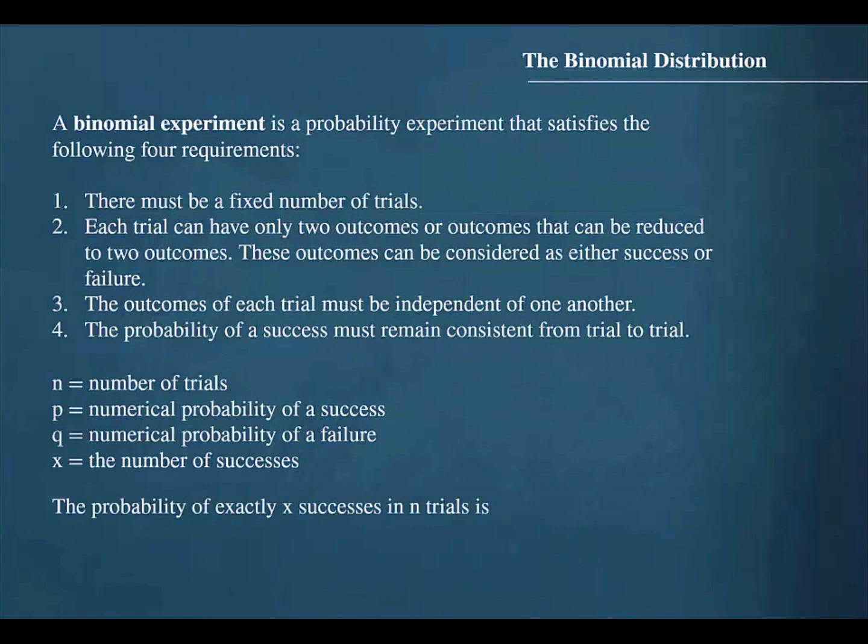The formula for the probability of exactly x successes in n trials is: P(x) equals n factorial divided by (n minus x) factorial times x factorial, multiplied by p raised to the x power times q raised to the n minus x power.